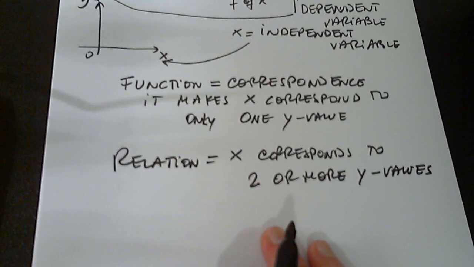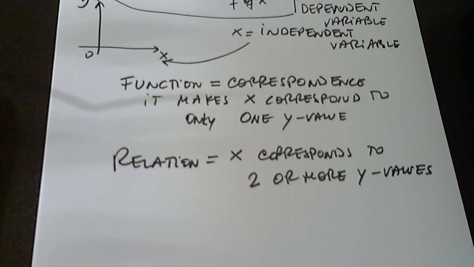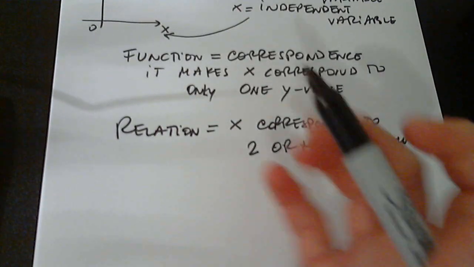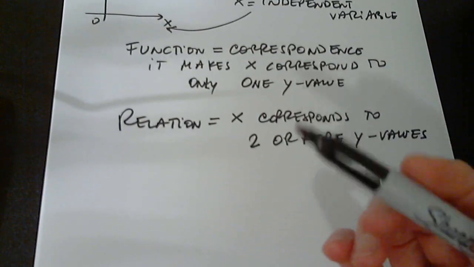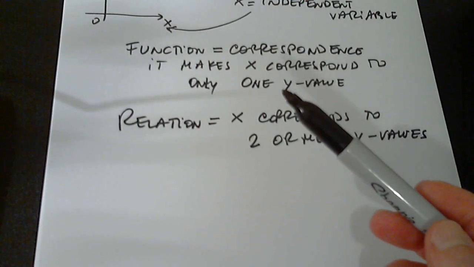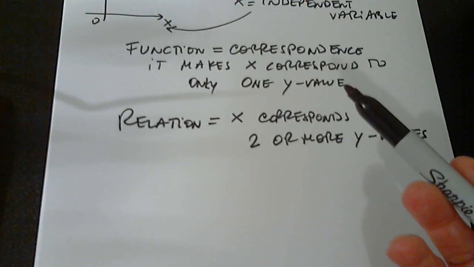Let's illustrate the difference between these two. So what is the difference? Well, the difference is that both can happen in real life. But the graphs are different. The representation is different.